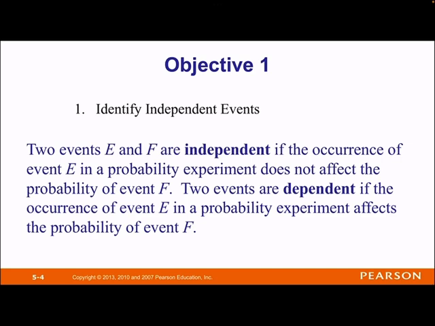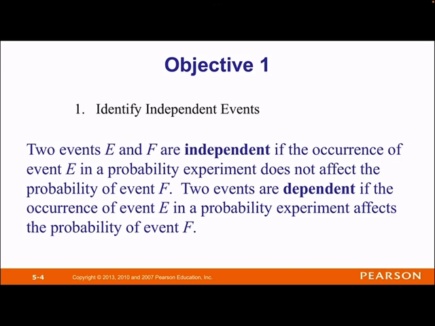2 events are dependent if the occurrence of event E in a probability experiment affects the probability of event F. And the easiest example of that is probability without replacement. If you have a bag of 5 green marbles and 2 red marbles, and you want to know the probability that you pull green on both pulls, the first time you stick your hand in the bag, there's 5 green out of a total of 7 marbles.